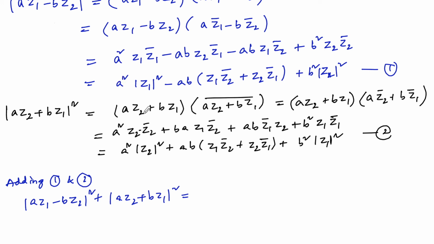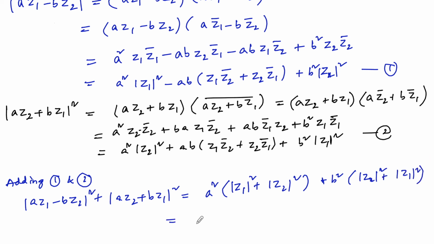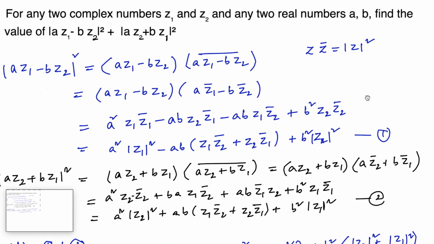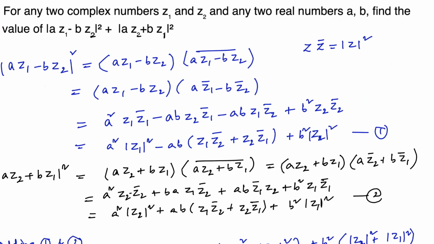Here a² taken common, |z1|² + |z2|², and again plus b² terms, |z2|² + |z1|². So we can take out |z1|² + |z2|² common, into a² + b². So we can give the answer as (a² + b²)(|z1|² + |z2|²). Okay, right. Thank you.